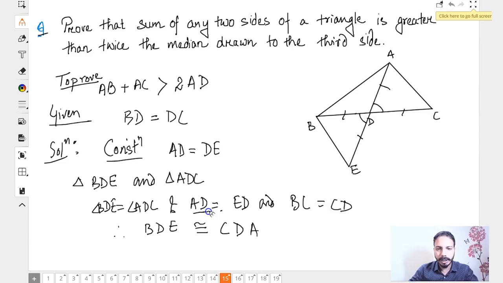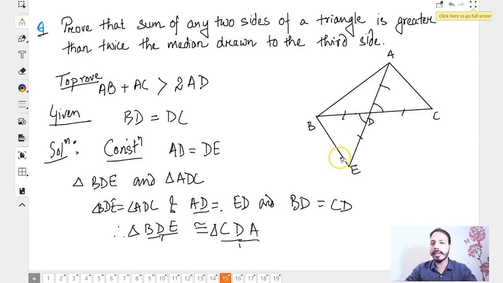AD is equal to ED, and BD is equal to CD, yeah, we can say this, and this angle D is equal to this angle D. So these two triangles are congruent.